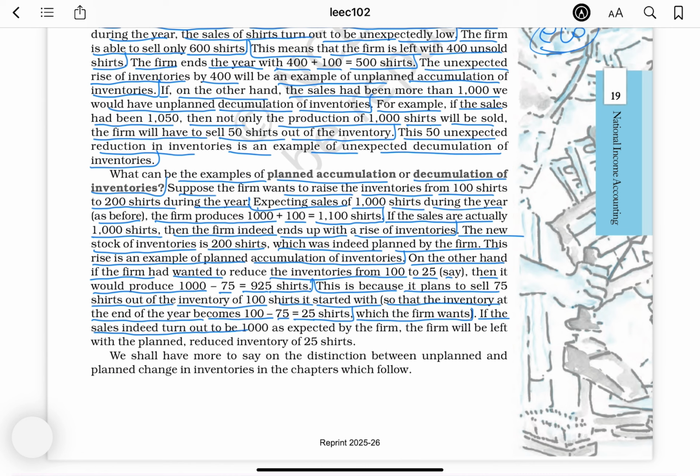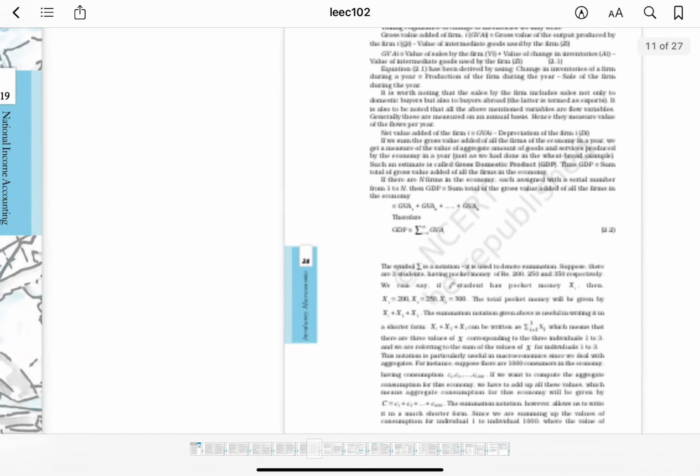If the sales indeed turn out to be 1000 as expected, the firm will be left with the planned reduced inventory of 25 shirts. We shall have more to say on the distinction between unplanned and planned change in inventories in the chapters which follow.